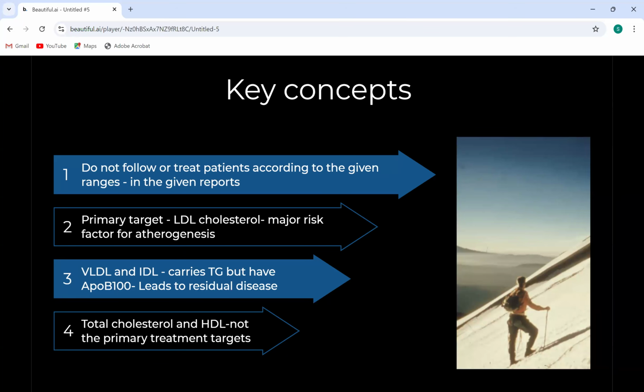So this can lead to residual disease, but we don't talk about treating VLDL and IDL separately; the targeted therapy that we give would cover some of these residual particles as well. So total cholesterol and HDL are not the primary treatment targets. Yes, HDL we need to bring up, but unless you bring down your LDL, there's no point in just trying to bring up HDL.